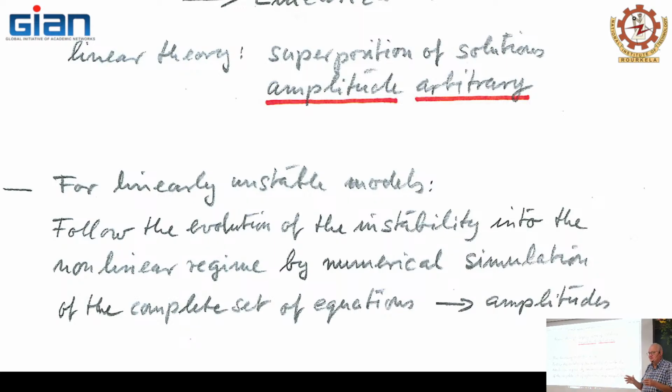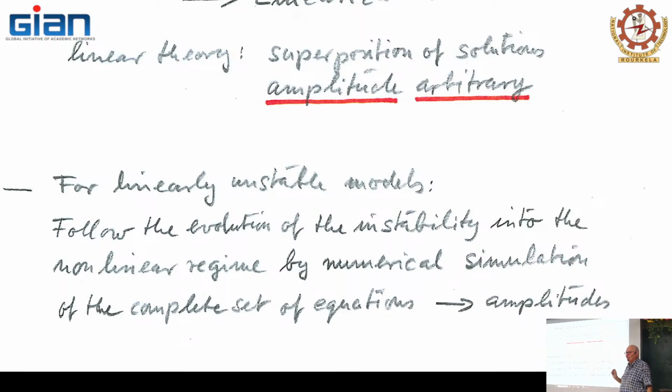We just take these equations and put them in the computer with an appropriate numerical scheme and numerical code, and then we solve the complete set of equations without restriction to the magnitude of the perturbation, and then we may derive the amplitudes and the final fate of an unstable mode. Well, this is the third step then.